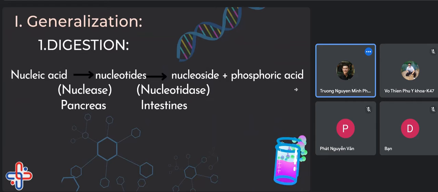So we will move to digestion. As you can see, nuclease, also known as a phosphodiesterase enzyme, belongs to the hydrolase enzymes and cleaves the phosphodiester linkages of DNA into mononucleotides and nucleotides. There are many types of this enzyme.